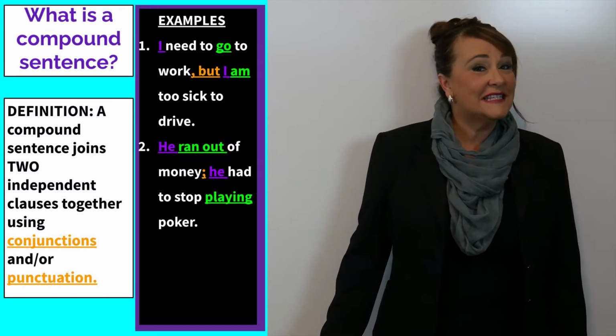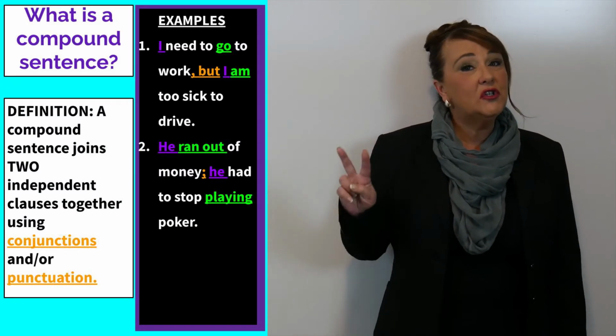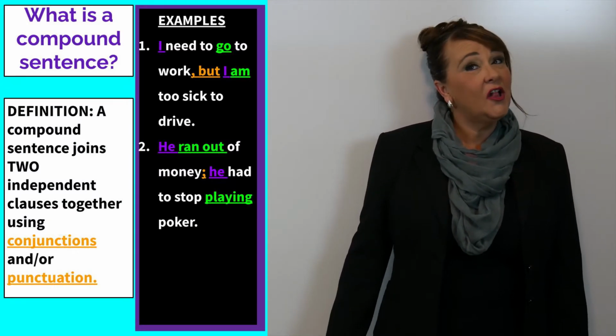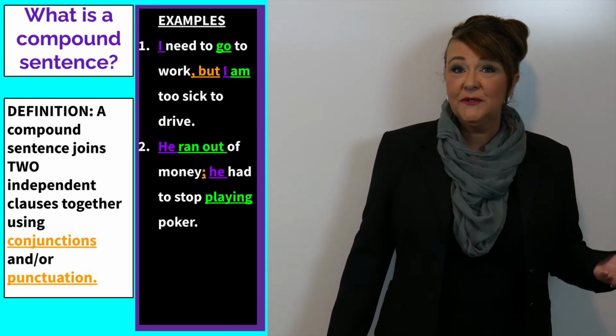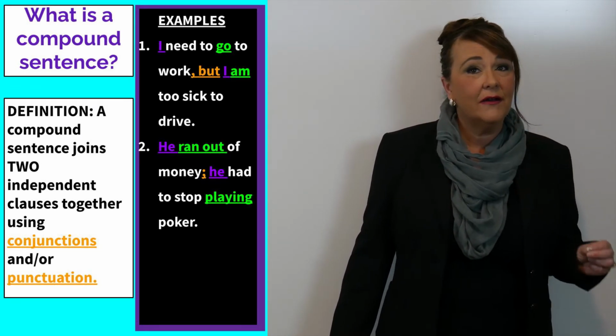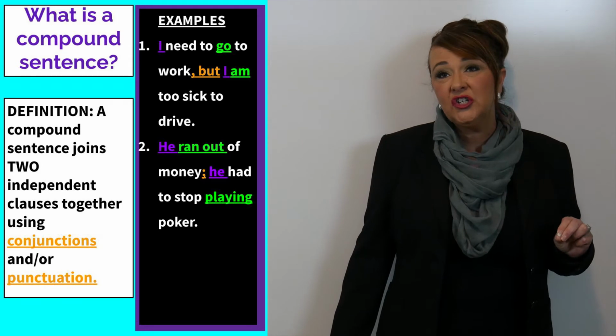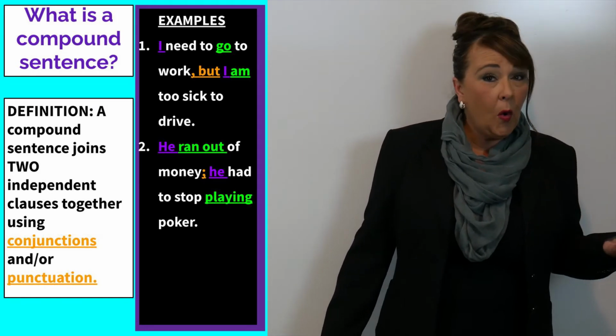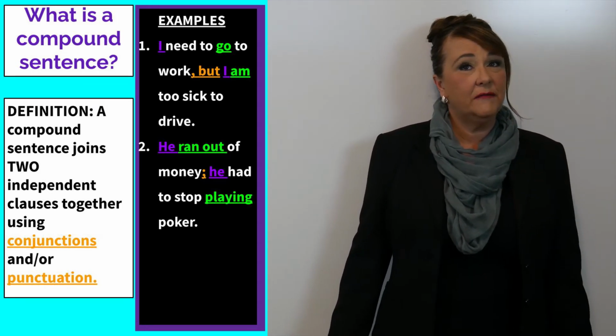So now that we have reviewed simple sentences, let's look at what a compound sentence is. A compound sentence joins 2 independent clauses, or simple sentences, together using conjunctions and/or punctuation.